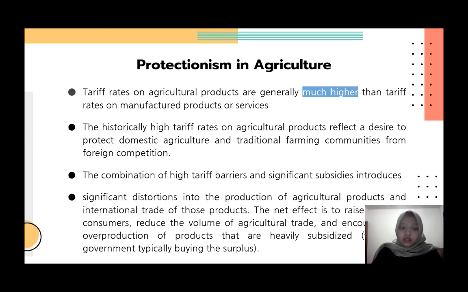The implication is that consumers in these countries are paying significantly higher prices than necessary for agricultural products imported from abroad, which leaves them with less money to spend on other goods and services. The historically high tariffs on agricultural products reflect a desire to protect domestic agriculture and traditional farming communities from foreign competition.